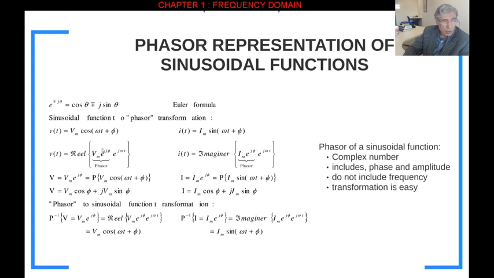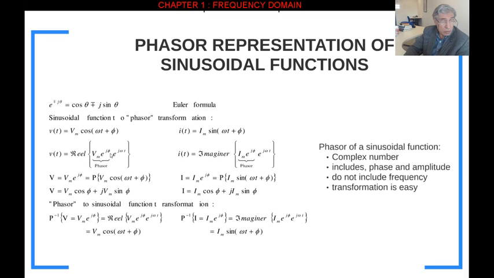So if you know the function, you can easily say the phasor. If you know the phasor of a function, you can easily say the corresponding function in the time domain. If you know these element current and voltage phasors, then you can find these element currents and voltages in the time domain.